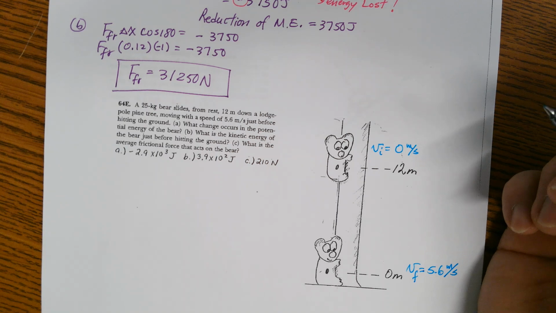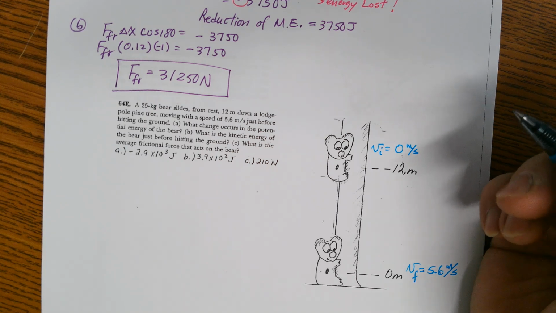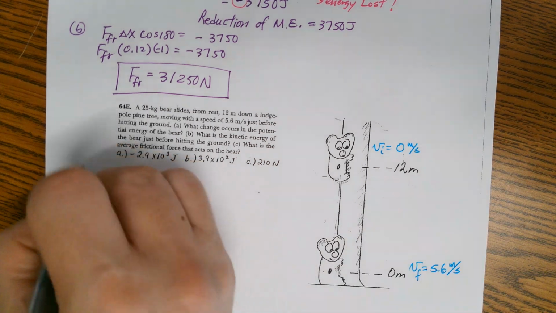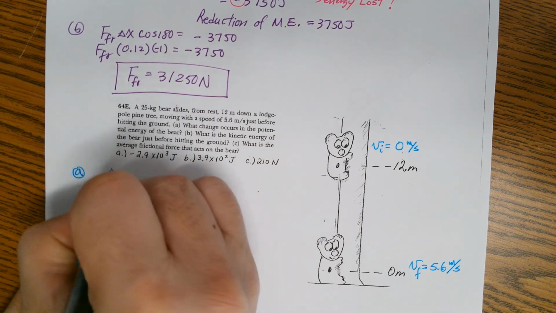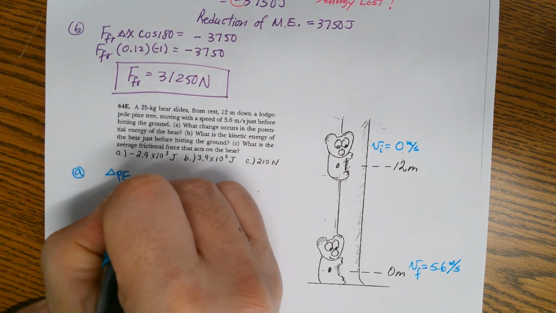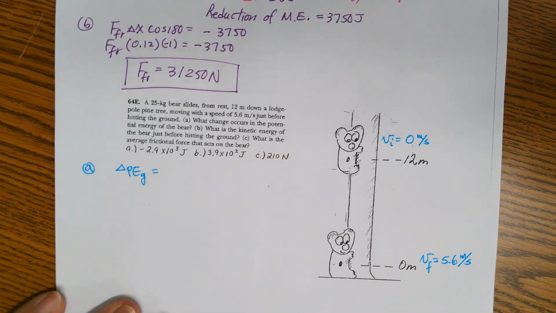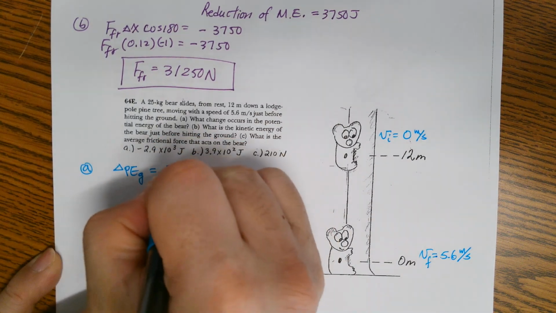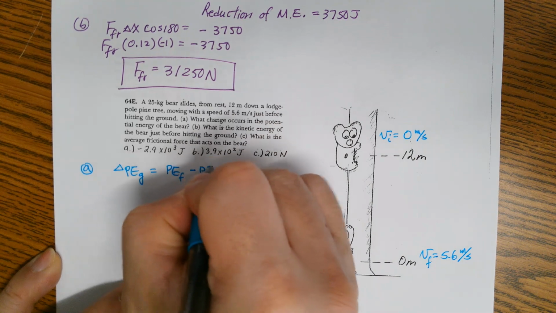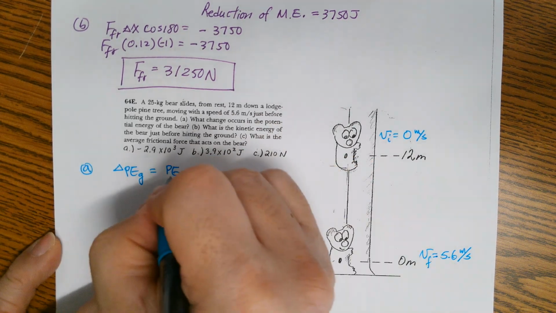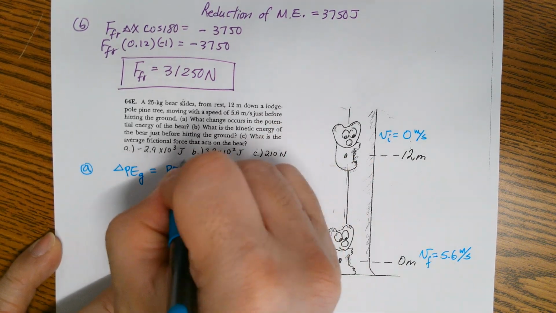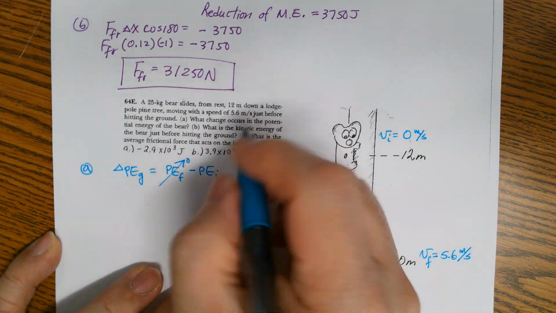What change occurs in the potential energy of the bear? For part A, the change in potential energy for the bear is just gravitation, really. There's no spring involved. So it is potential energy final minus potential energy initial, right? Potential energy final for gravitation is 0 because the height is 0.